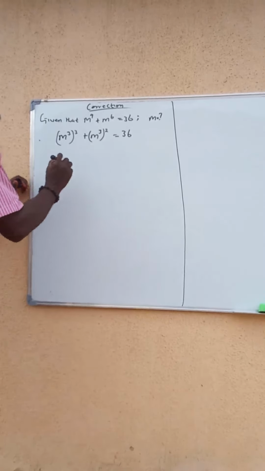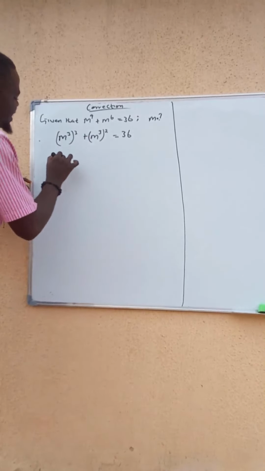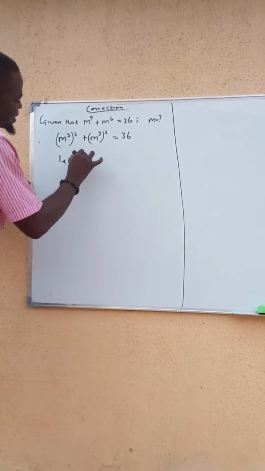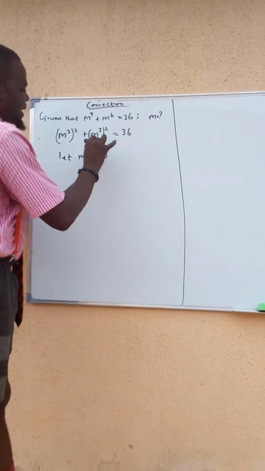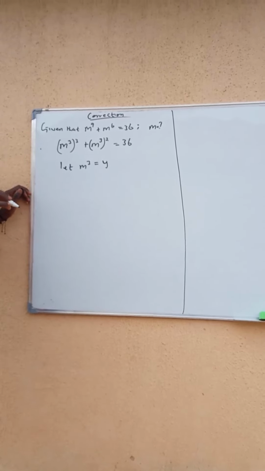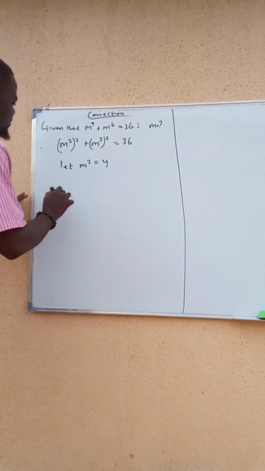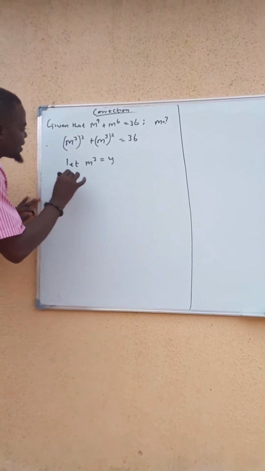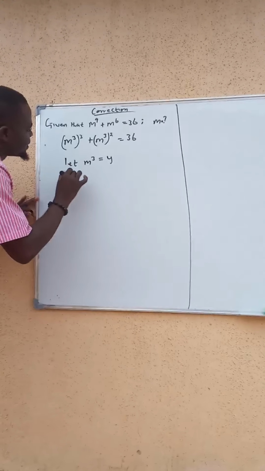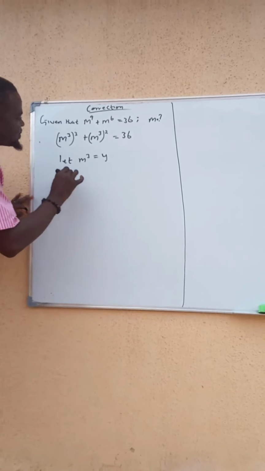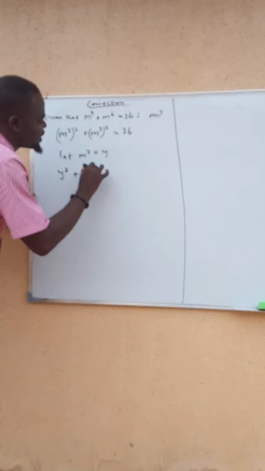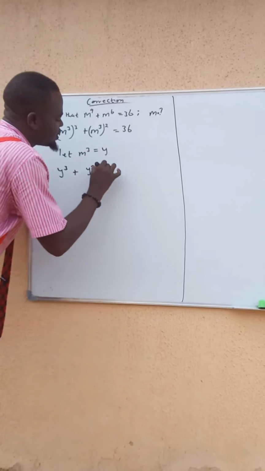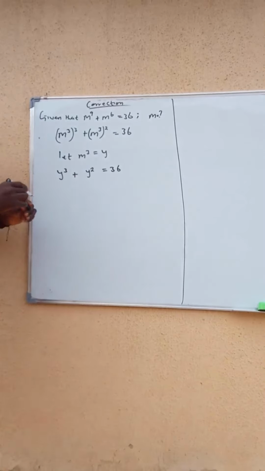Good. So I can say, okay, let m raised to power of 3 be equal to y. Then I'll now substitute: y raised to power of 3 plus y raised to power of 2 is equal to 36.